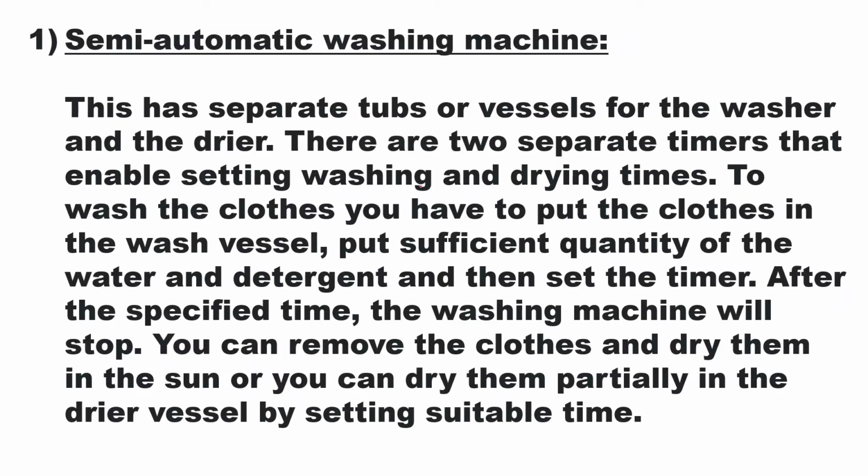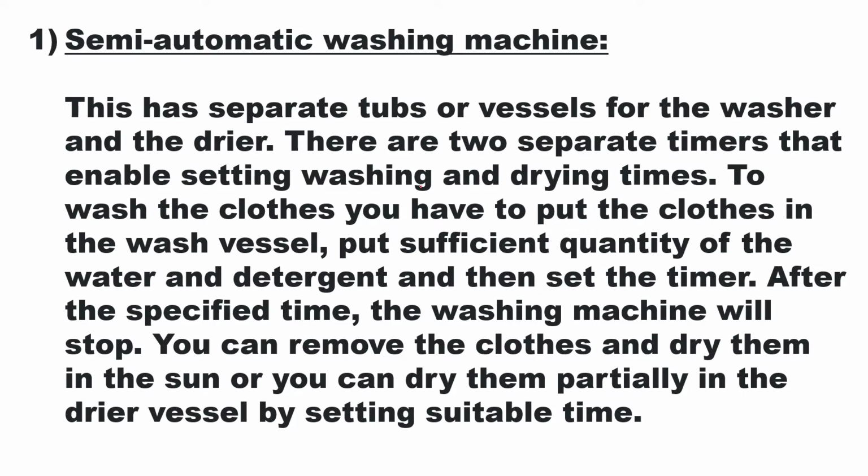Okay. So here if you see the explanation for semi-automatic washing machine, this has separate tubs or vessels for the washer and the dryer. So you have to keep your clothes for washing in one tub, and for drying, you have to remove them from the washing tub and put the clothes in the drying tub. So there are two separate timers that enable setting washing and drying times.